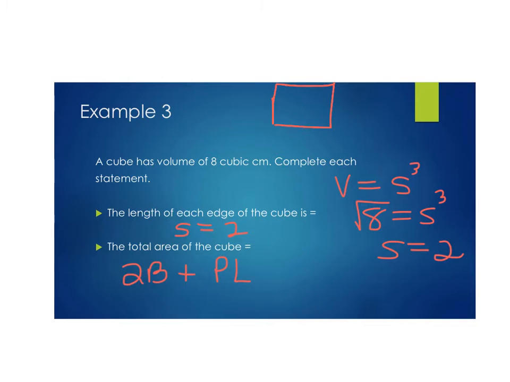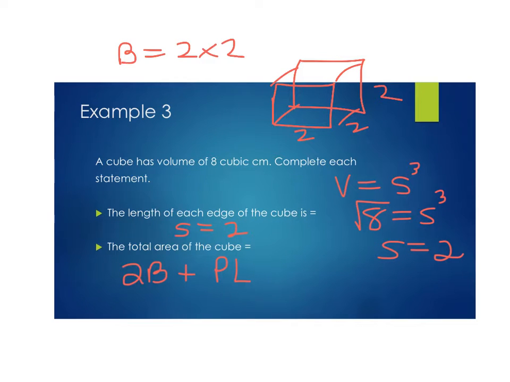Let's draw a cube, and we know each one of the sides is 2. So the area of my base is 2 times 2, so my base area is 4. And then the perimeter of the base is 2 plus 2 plus 2 plus 2, so the perimeter is 8.